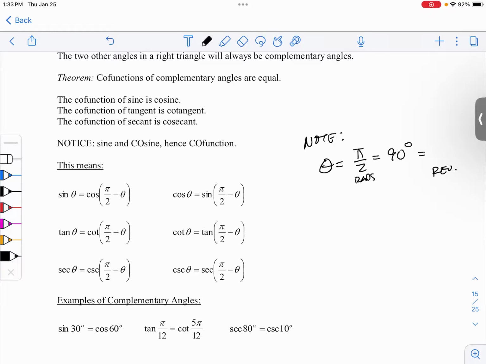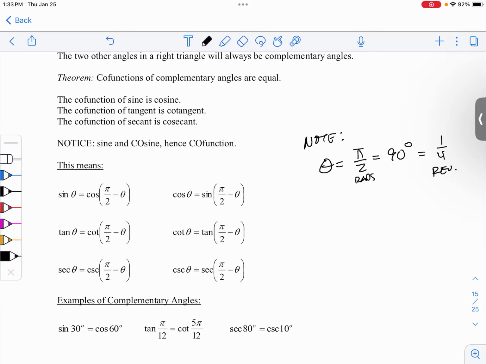A quarter, right? These are our ways of measuring angles: revolutions, degrees, and radians. So a quarter of a revolution is equivalent to 90 degrees, which is equivalent to pi over 2 radians.